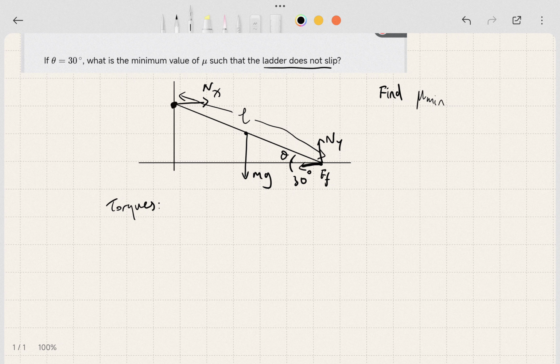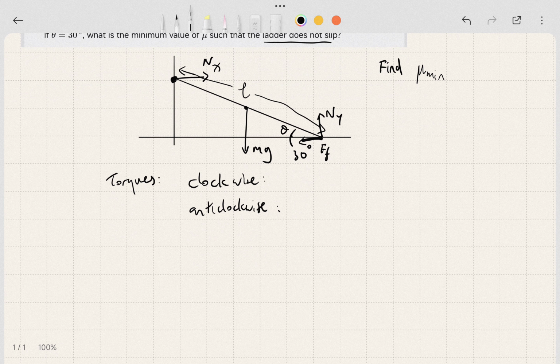So there is a clockwise torque and anti-clockwise torque, and those two moments must be balanced. So the clockwise torque is obviously provided by two forces. One is the weight force and one is the frictional force.